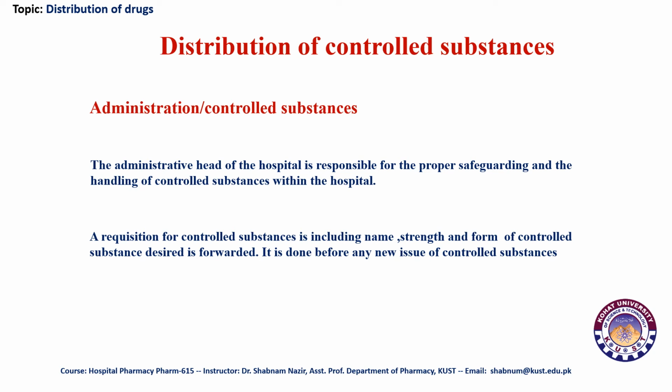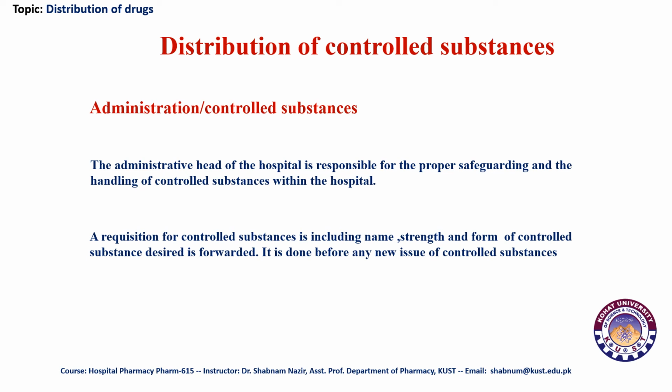Usually the prescription or ordering of controlled substances by the physician is never direct, but on a specific requisition form. A requisition for controlled substances includes their name, strength, and form, meaning the dosage form in which they are being delivered. That is written and then forwarded to the pharmacy.